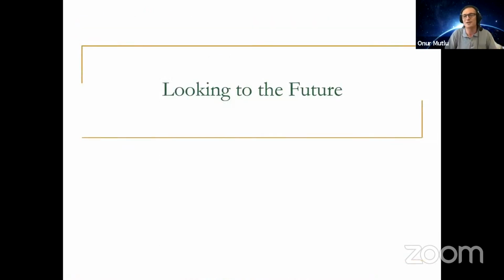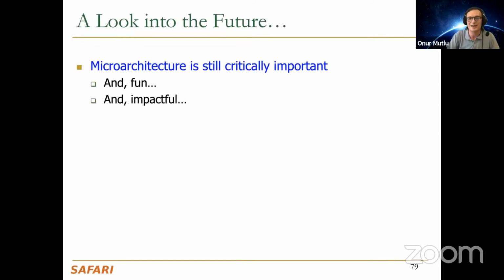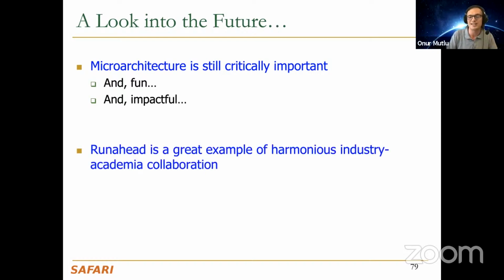Okay, I also presented some slides looking into the future, where I said that microarchitecture is still critically important and fun and impactful. And I think we're seeing it a lot more today with announcements from Apple, for example M1, and AMD and other systems as well. So there's a lot more to be done. And this was a great example of harmonious industry and academia collaboration, because we worked together with Intel quite a bit on this topic.